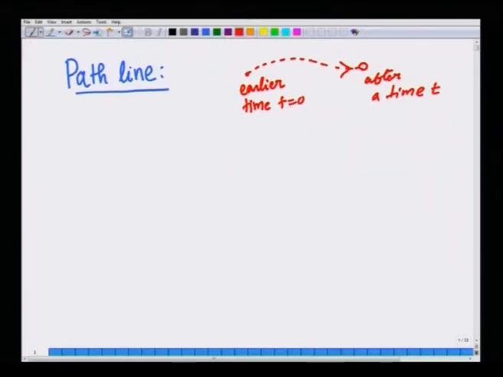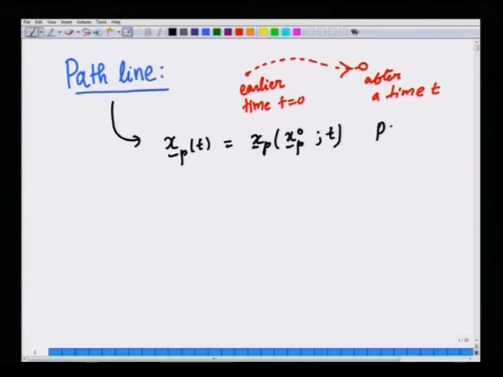The path line is what we call the particle trajectory in the Lagrangian coordinate system. It is a function of the initial position of the particle and time. So, we called this the particle trajectory or particle path in the Lagrangian description of motion in the last lecture.